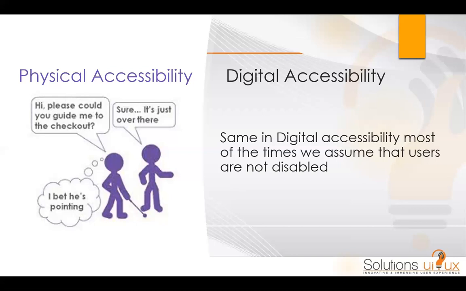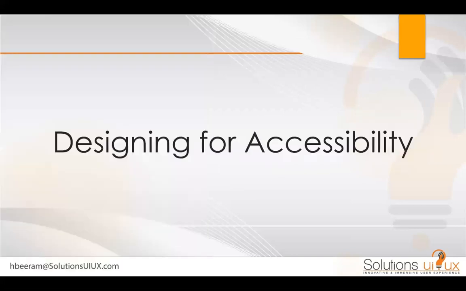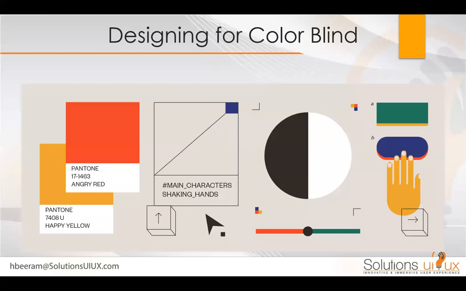So with digital accessibility, we assume that the users are not disabled. So when we are designing for accessibility, we want to start thinking about different accessibility needs. And especially right now, let's start with designing for accessibility for color blind, right?